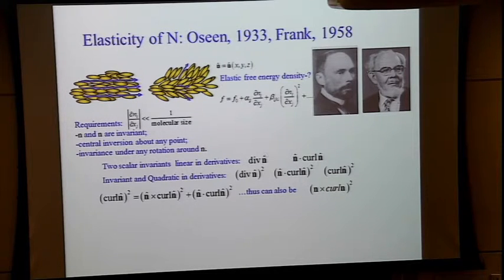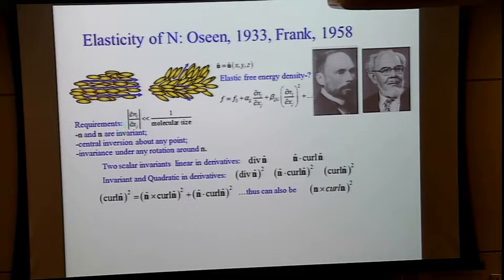It doesn't have any directionality. So divergence is good, but if I change the sign of n to minus n, divergence changes sign, so it doesn't satisfy this condition. But divergence squared of n is good, because no matter what sign n has, the divergence squared is of the same sign. Then n dot curl n is an interesting thing.